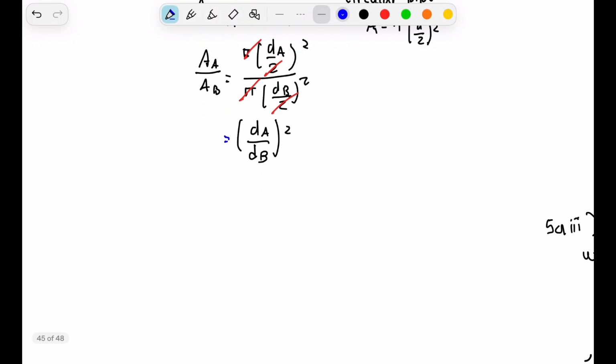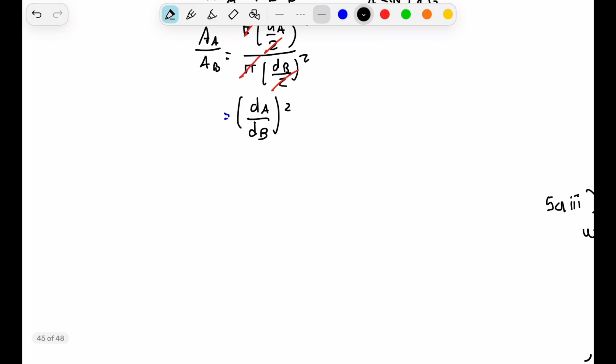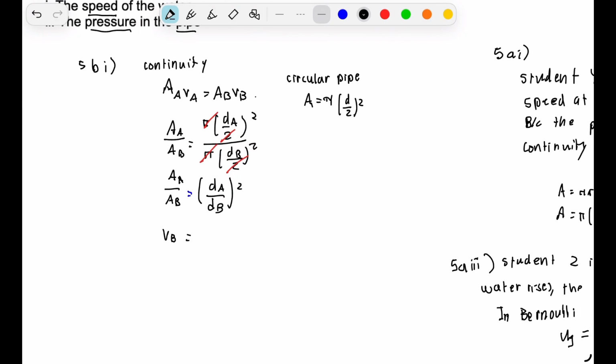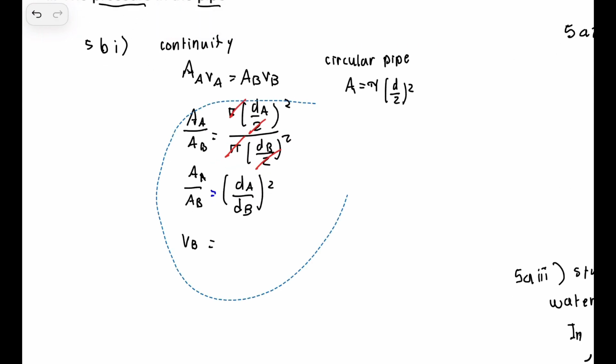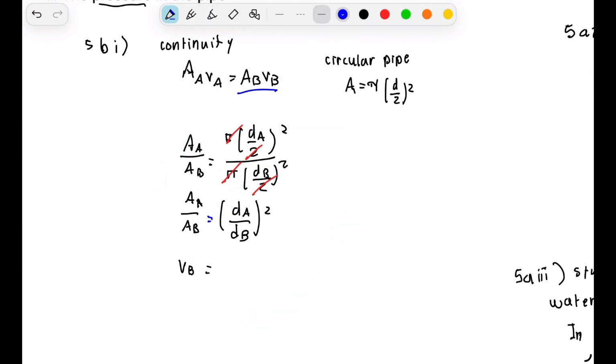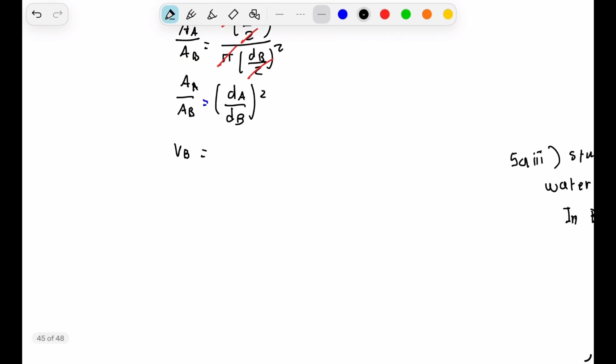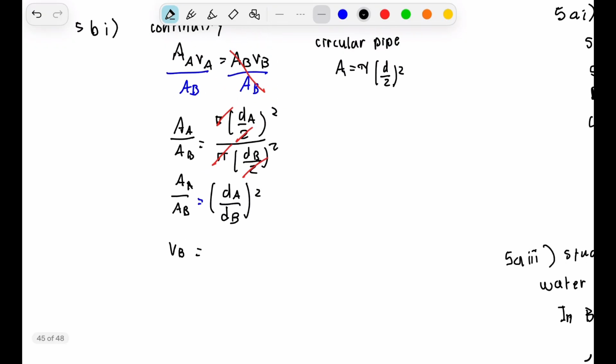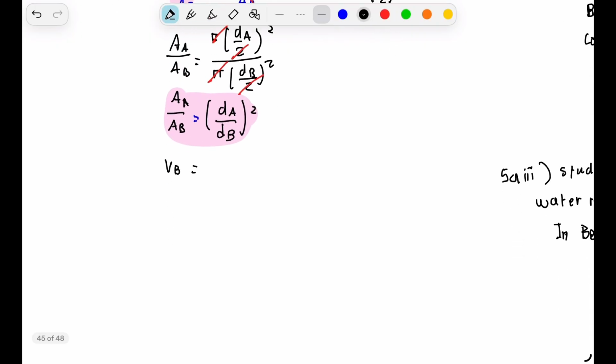So now we can take that and substitute that into our equation. So we had VB, this was area A, area B. If we isolate both sides for VB, that's going to be A over B, and we're going to be left with VB is equal to that AA over AB. So that's where we got that ratio from here. And we know that that ratio is equal to this. So we can just substitute that in.